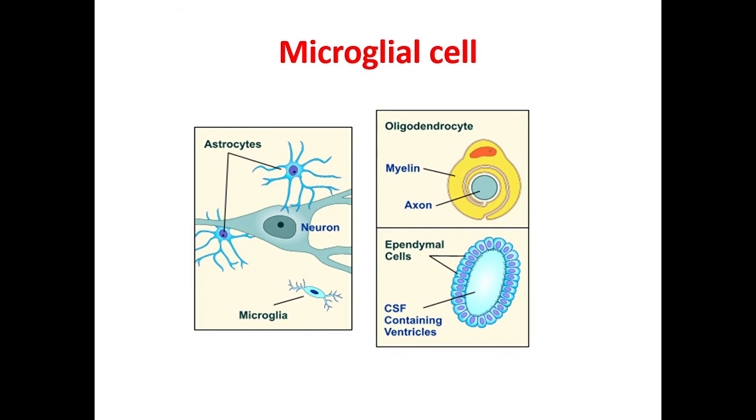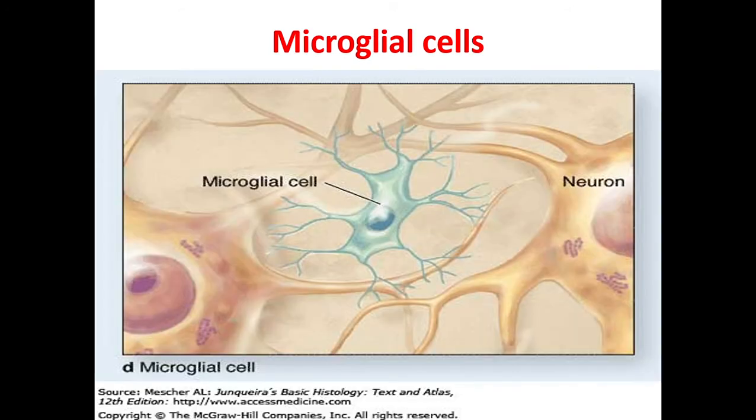In comparison with the other neuroglial cells, the microglial cells are really the smallest cell of the neuroglial groups of supporting cells of the nervous system. This illustration shows us the relationship of the microglial cells with the nerve cells. They are found in between the processes of nerve cells, serving as soldiers. They watch out for any foreign body that will come along in the nerve cells.